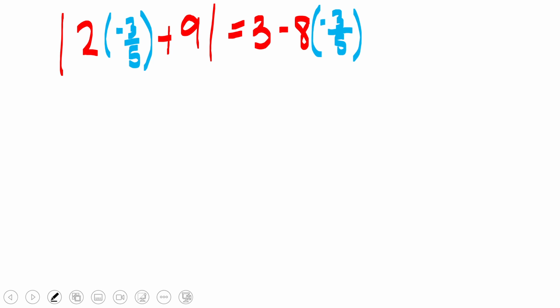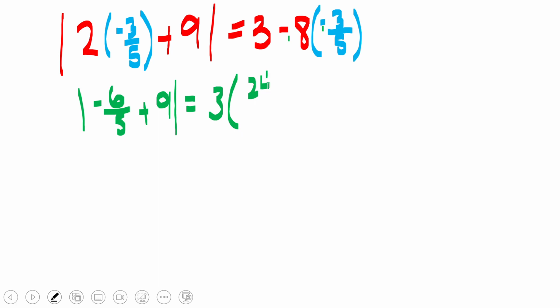So we're going to get the absolute value of negative 6/5 plus 9 equals 3. Negative times a negative in the numerator is going to be positive 24/5.